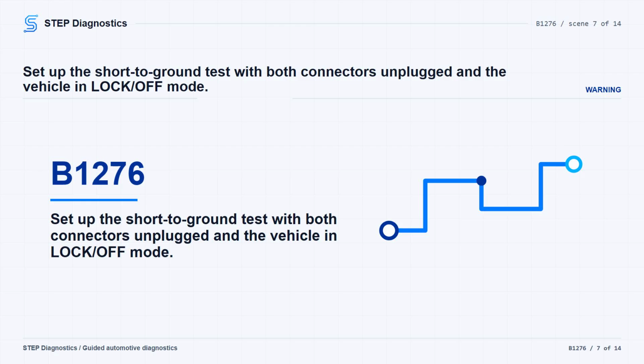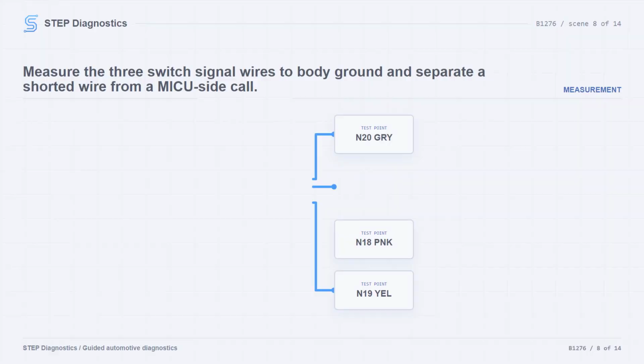For this short to ground check, the combination light switch 12P connector and under-dash fuse/relay box connector N20P both stay disconnected. Check continuity to body ground on the H/L OFF SW, H/L ON SW, and PARKING LT SW circuits.